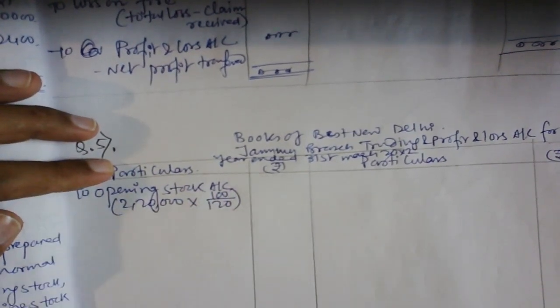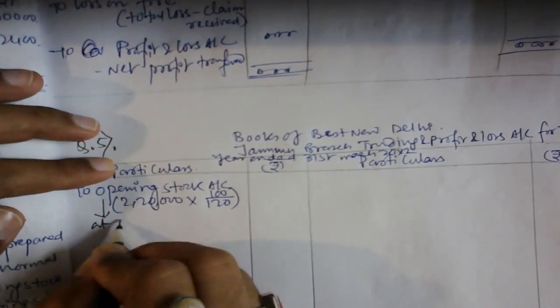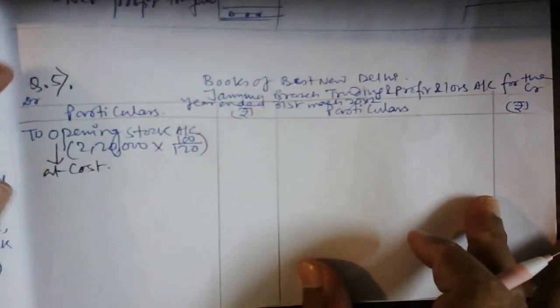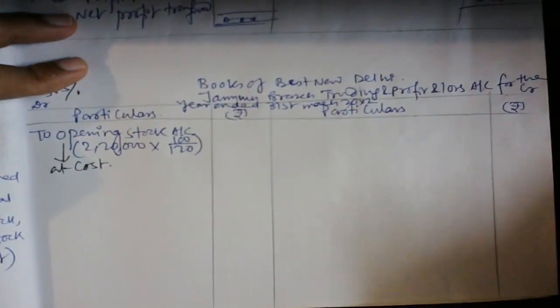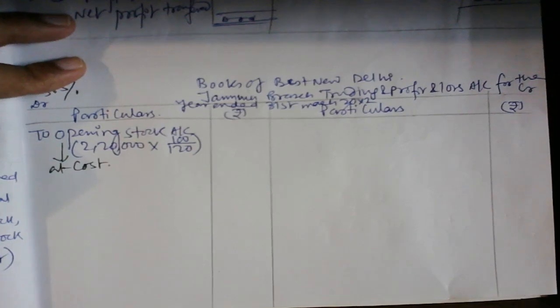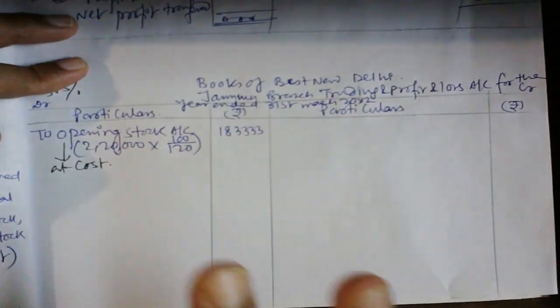I need to show it at cost, so I am going to write it here at cost. It makes it very easy to understand at the time of revision. Perfect. So now I am going to write 220 into 100 divided by 120. I am getting 183,333. That's okay for me. No problem at all.